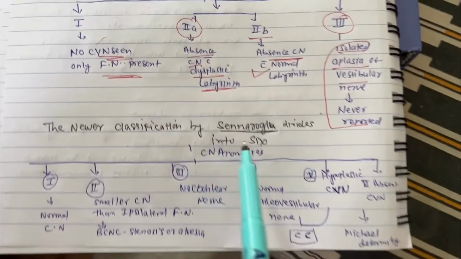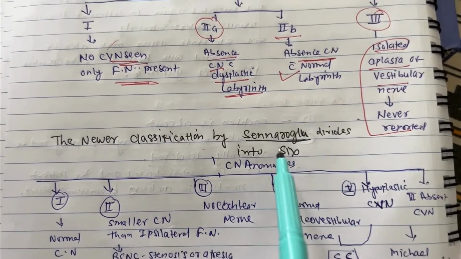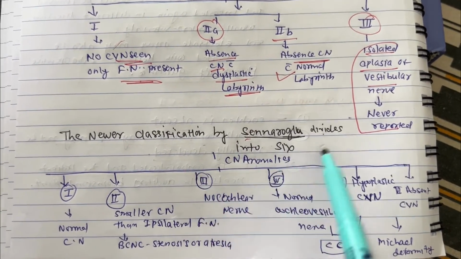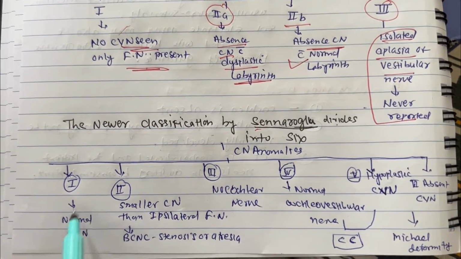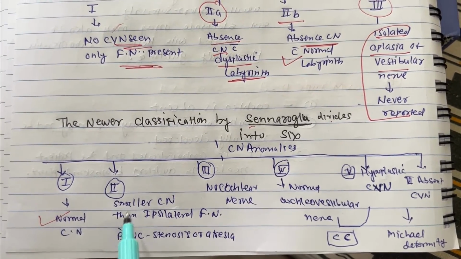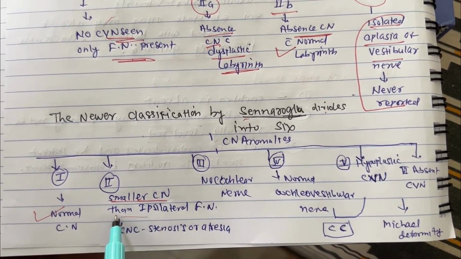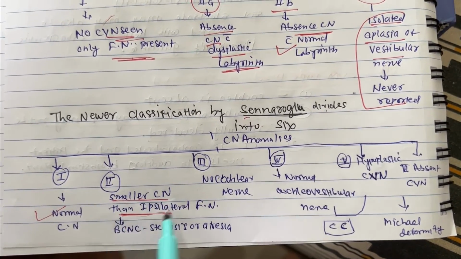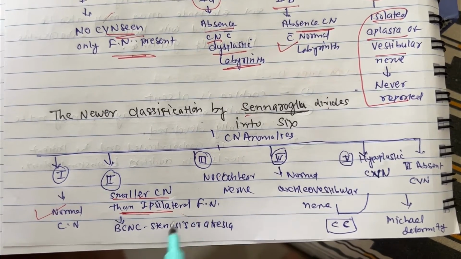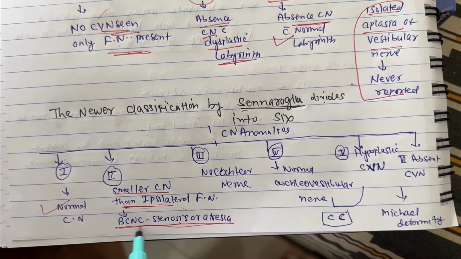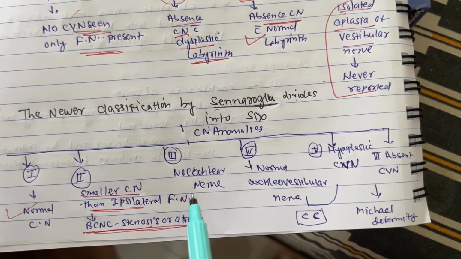But a newer classification of cochlear nerve anomaly is by Sennaroglu, which divides it into 6 types. In type 1, there is a normal cochlear nerve. Type 2 is a smaller cochlear nerve, smaller than the facial nerve dimensions, and the bony cochlear nerve canal is stenotic or atresia is present.